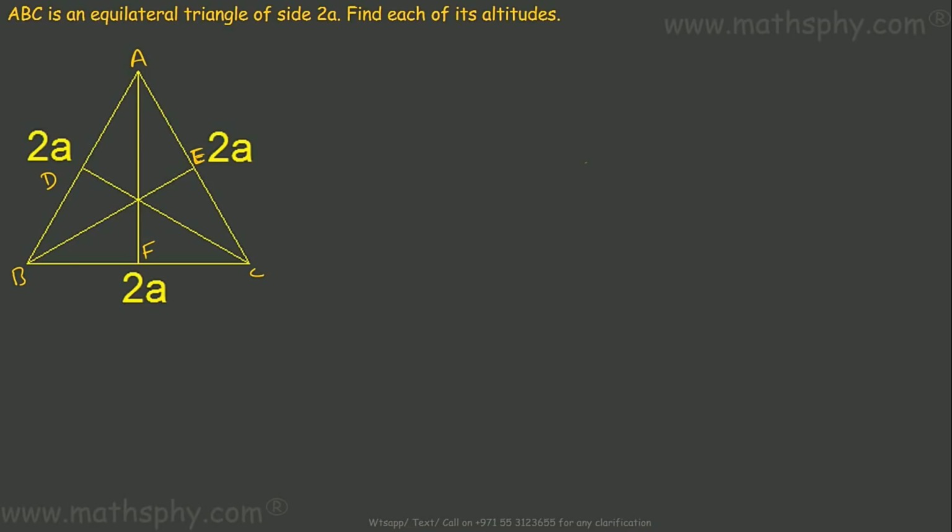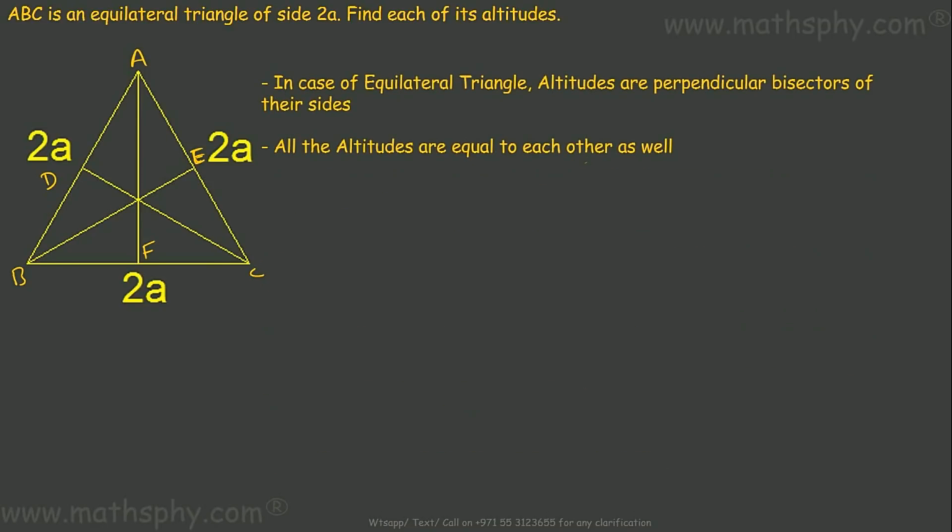Now, in case of an equilateral triangle, altitudes are perpendicular bisectors of their sides. Means this is 90 degrees, this is 90, and this is 90. Okay. It means this gives me AFC, BEC, CDB as right angle triangles.